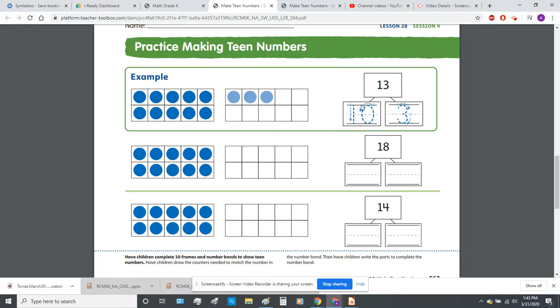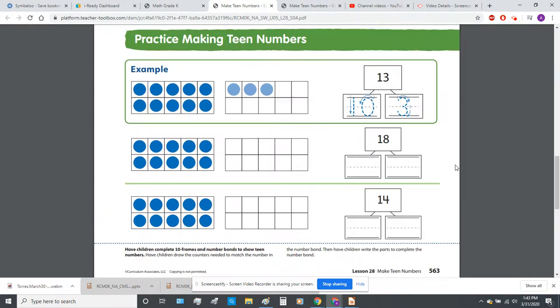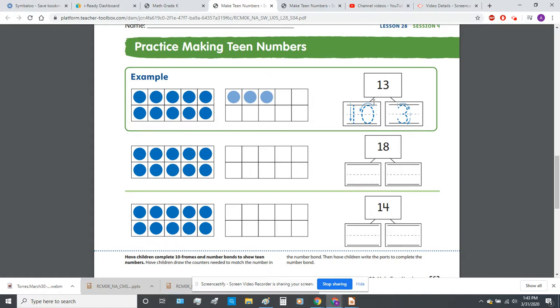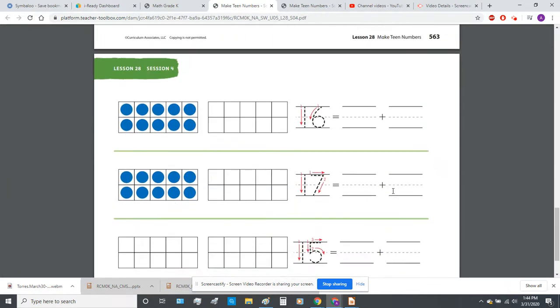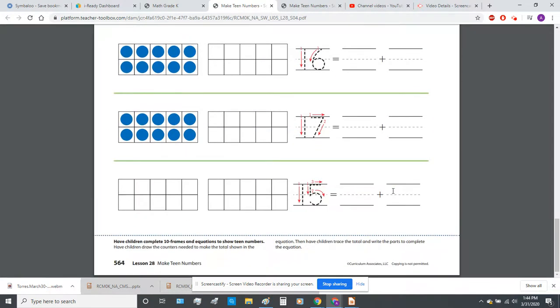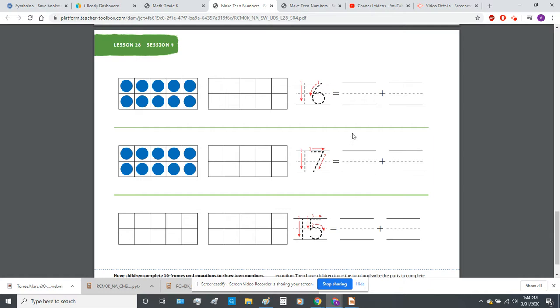They did the first one for you here on page 563. They split 13 into a group of 10 and 3 extras, and they showed you how to put in 3 dots. You're going to do this for page 563 for the numbers 18 and 14. And then finally on page 564, you're going to do the exact same thing, but with addition statements for 16, 17, and 15.